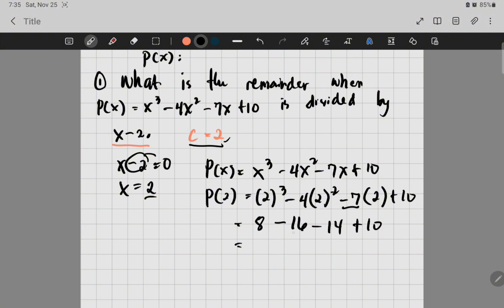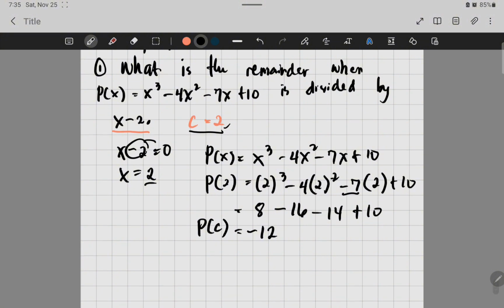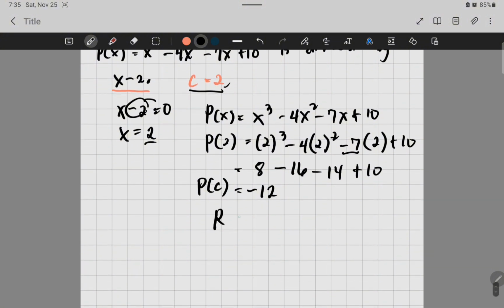Okay, so 8 minus 16, alright, that is negative 8, minus 14, that is negative 22, plus 10, that is negative 12. Therefore, our p of c is equal to negative 12, and that negative 12 is also our remainder.